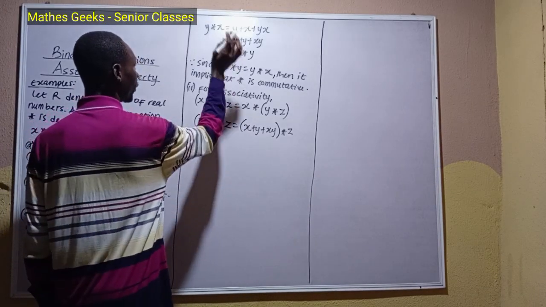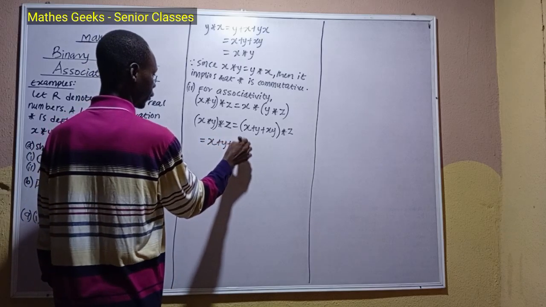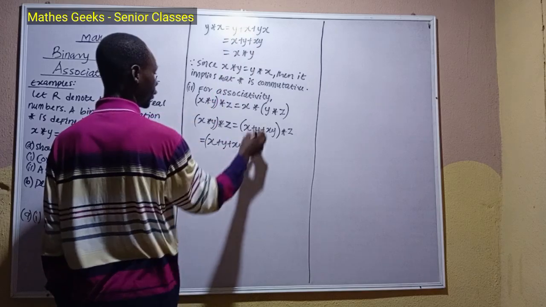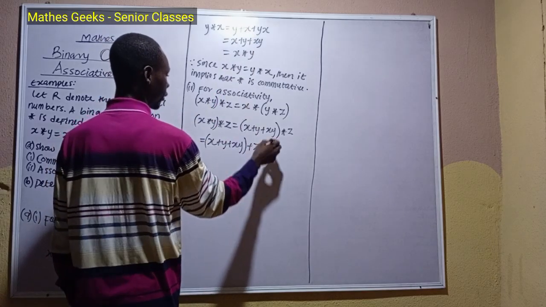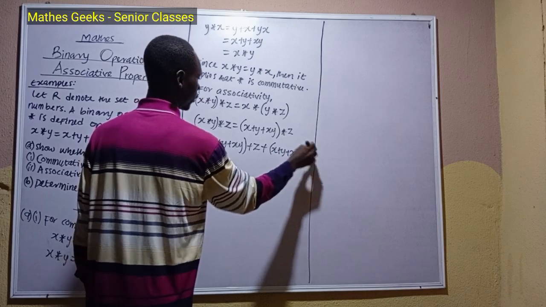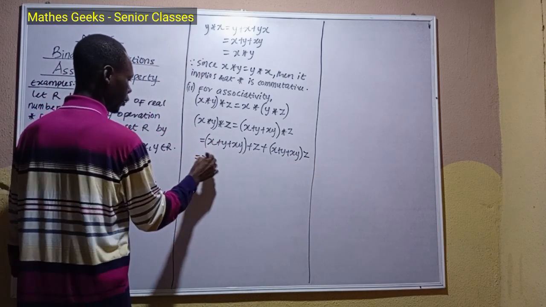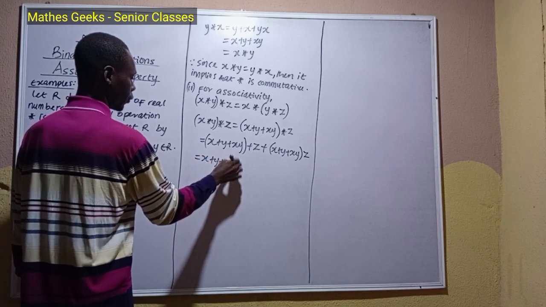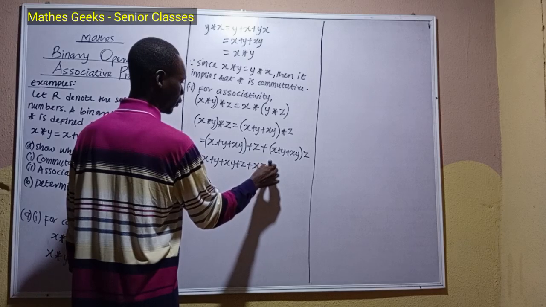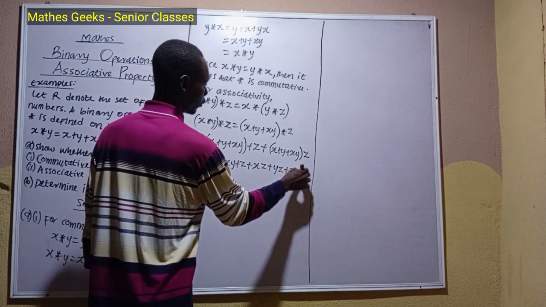So here x is x plus y plus xy, plus y, which is z, and plus x plus y plus xy multiplied by z. So let's open this part. It's x plus y plus xy plus z plus xz plus yz plus xyz.